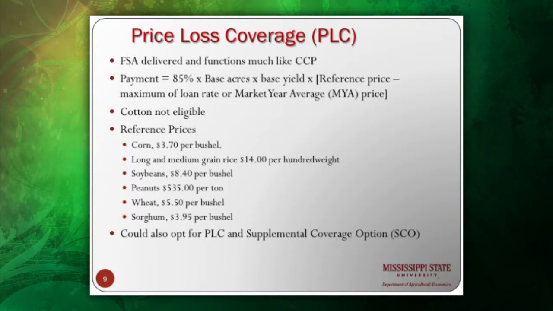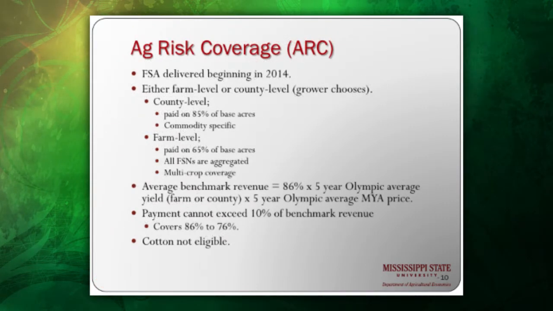Another thing that I will point out about the price loss coverage program is that if you choose to participate in this program, you also are allowed to participate in the supplemental coverage option program offered by the Risk Management Agency. Now, let's talk a little bit about the ARC program on the next slide, which is an option relative to the PLC program.